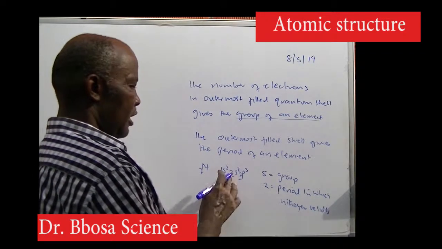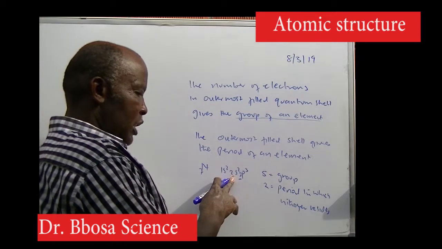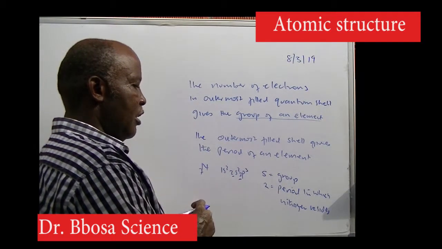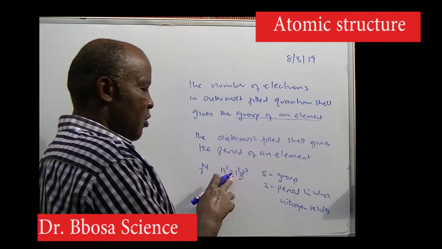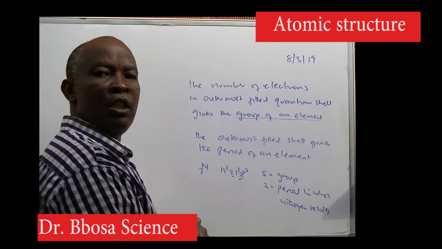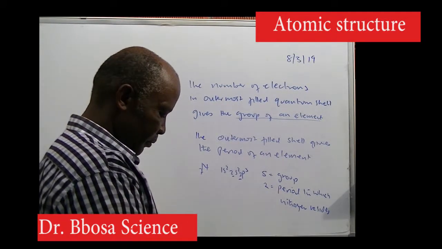So nitrogen is in period 2 because 2 is the outermost filled shell, and the outermost filled shell of 2 has 5 electrons, which is the group to which nitrogen belongs.